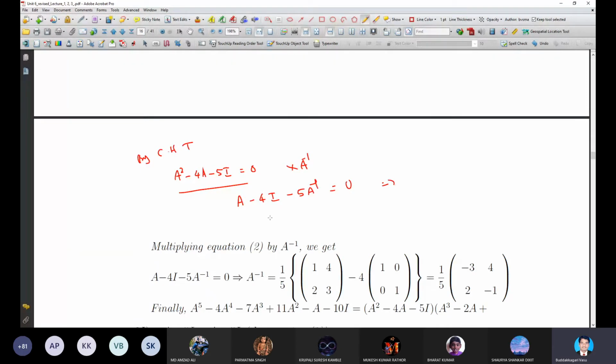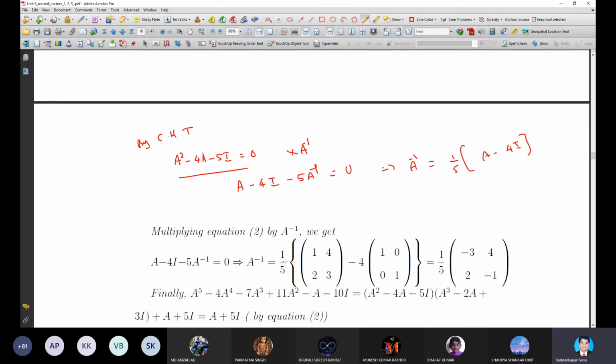From that we can write A inverse is equal to 1 by 5 into (A minus 4I), right? A inverse is equal to 1 by 5 into (A minus 4I), that is equal to this one. This is the required inverse of the given matrix. It is very easy, right?